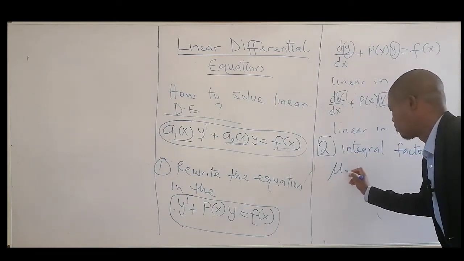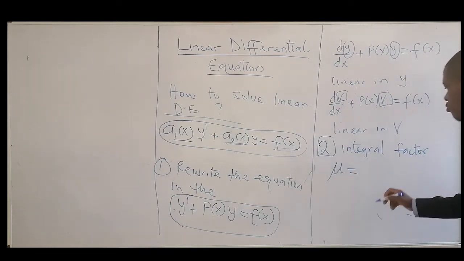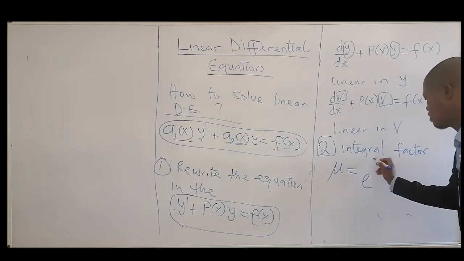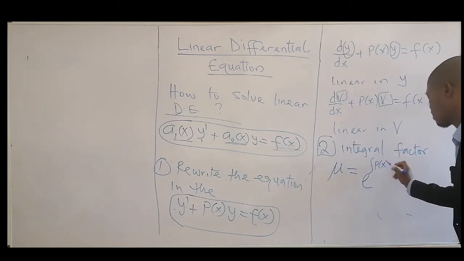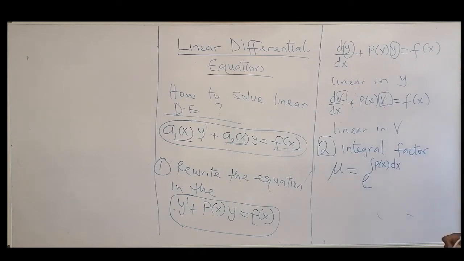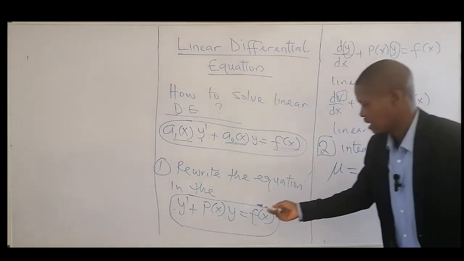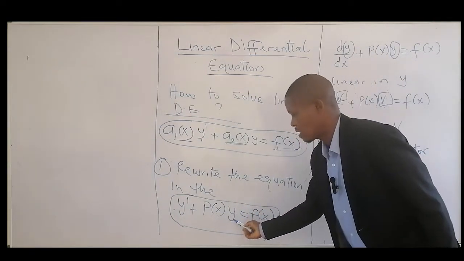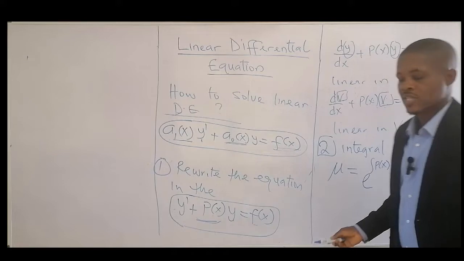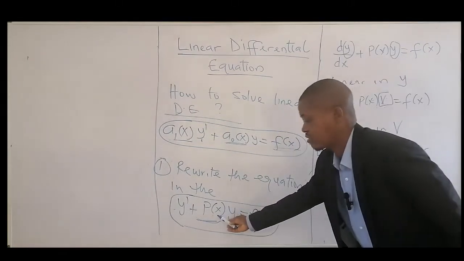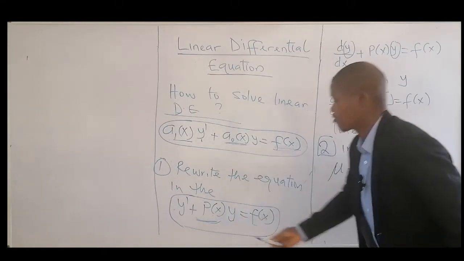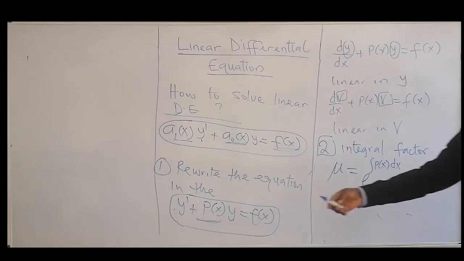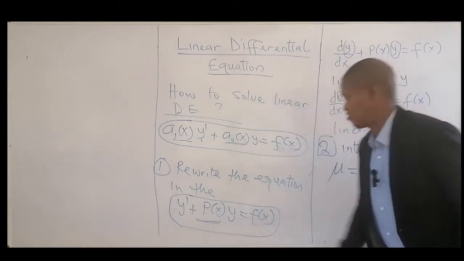It has this formula: mu equals e to the integral of p of x dx. So what do we mean by this p of x? Just go there and pick the attachment to that y. That will be your p of x, and it must be a function of x.